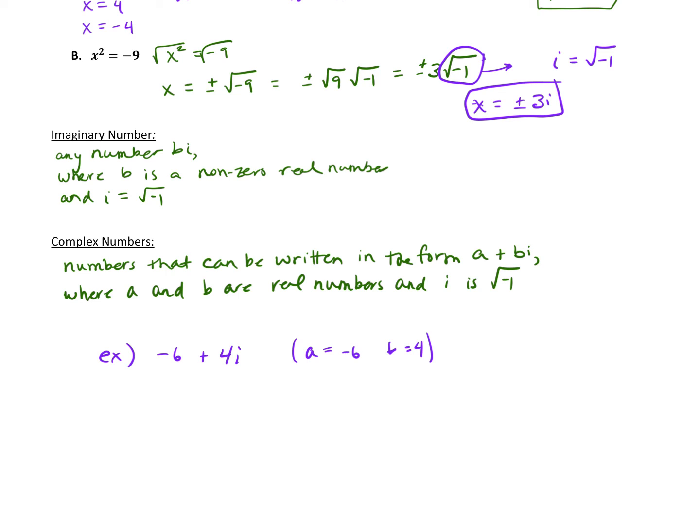Another example, 7 minus i times the square root of 2. If you have a radical, the i will go in front just because the radical will go on the end. In this example, our a is a 7, and the b is a negative square root of 2, because the b is the number with the i, but because of a minus, it would end up being negative. So these are just examples of complex numbers. They have real parts and imaginary parts. i is equal to the square root of negative 1. We're going to use this a lot in helping us solve these quadratics.